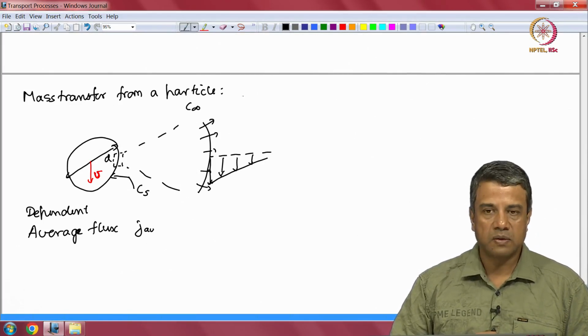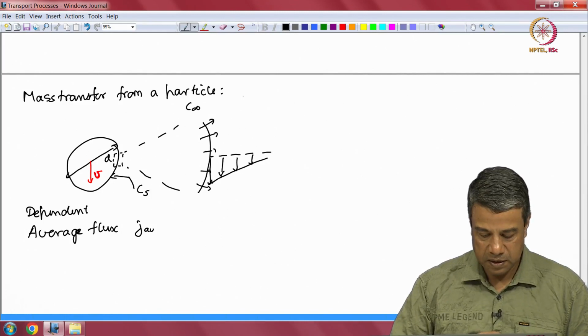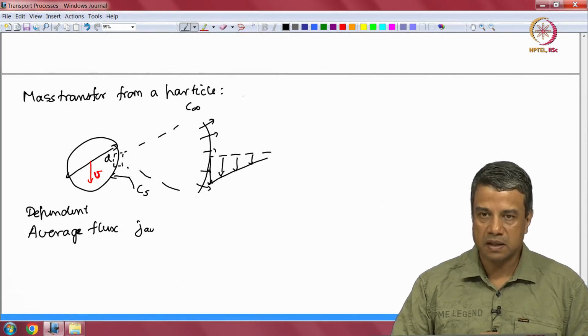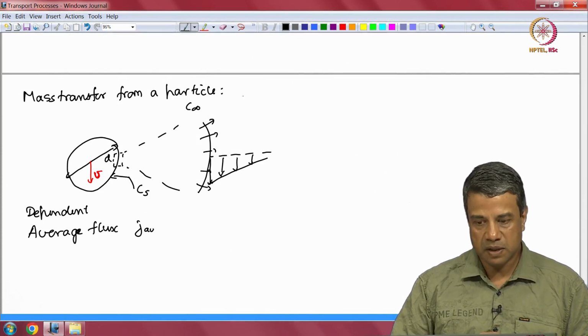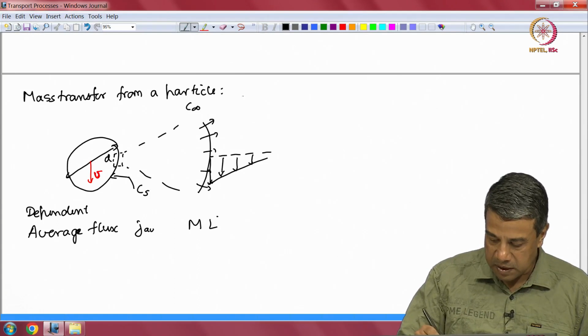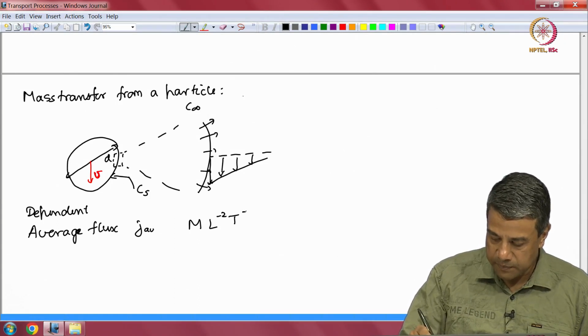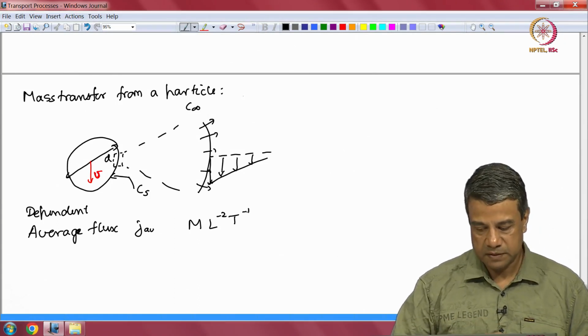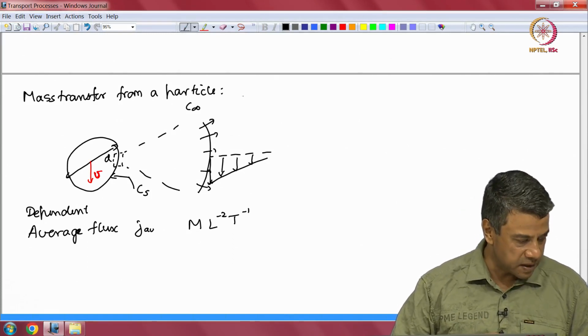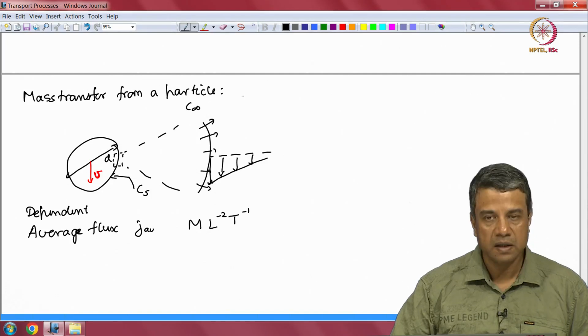That would tell you the rate at which the solute is either dissolving or precipitating onto the particle surface. So, the correlations are written for the average flux, an intensive quantity, mass transported per unit area per unit time. That is what the correlations are usually written for, this dependent variable.